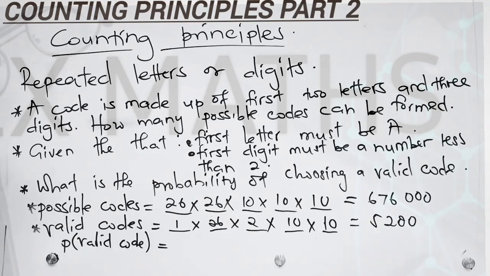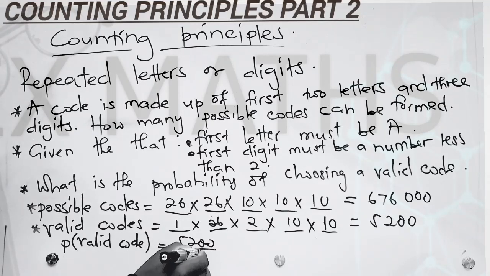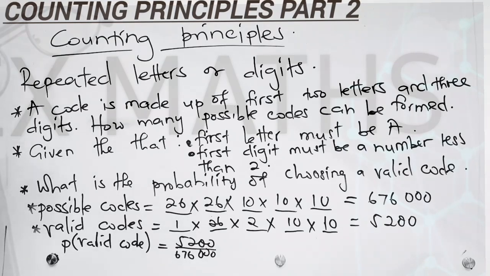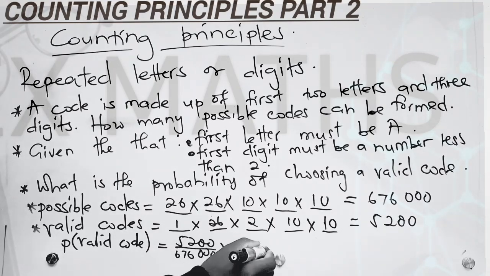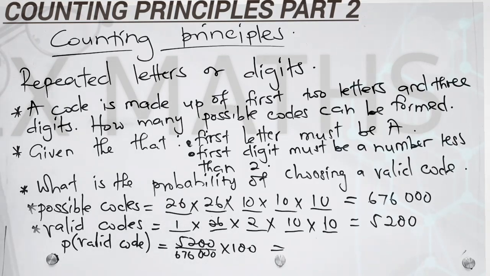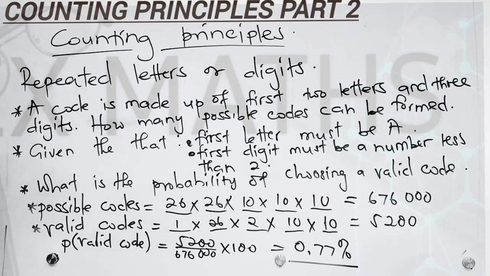So the valid codes are 5,200 over the number of possible codes, which is 676,000. If we want to express this as a percentage, we multiply by 100. Then we get 0.77%. That's the probability of selecting a valid code.